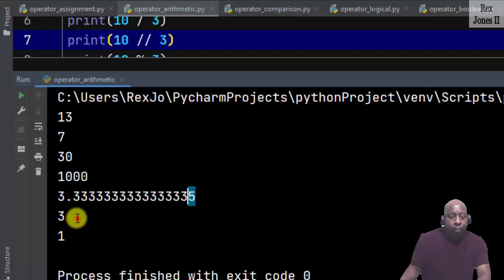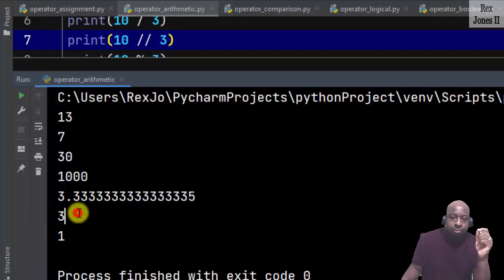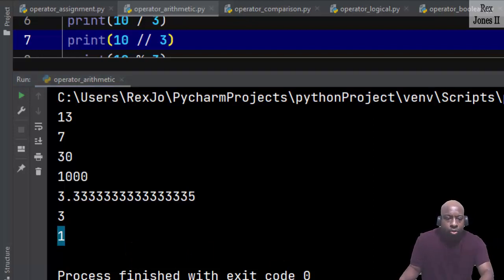And the floor division operator is also known as an integer operator because it only returns the whole number. That's why we don't see a decimal. So 10 divided by 3 is 3. It does not include the decimal. Now, the last value is the modulus. That's when we divide one number by another number, then return the remainder. The remainder of 10 divided by 3 is 1.